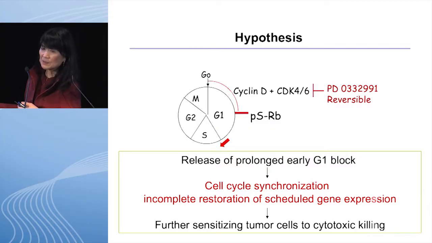So that led us, because the reagent is so specific, to put forward this hypothesis, and so far it seems to be holding up quite nicely. The hypothesis is this: because gene expression is coupled to the cell cycle in order to conserve the energy of the cells and the physiology, we reason that if we could stop the cells very precisely in the middle of G1, only the genes that are programmed in early G1 will be continuously expressed, whereas the genes that are programmed in late G1, S, G2, and M will not have the chance to be expressed.